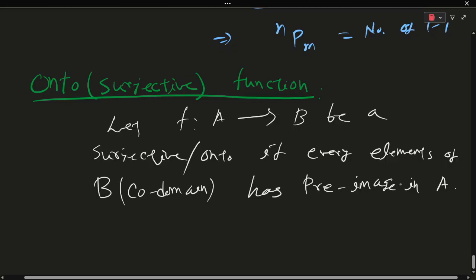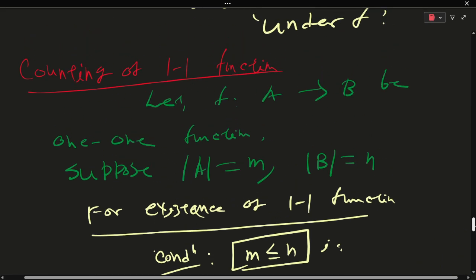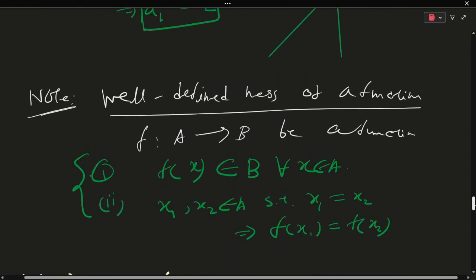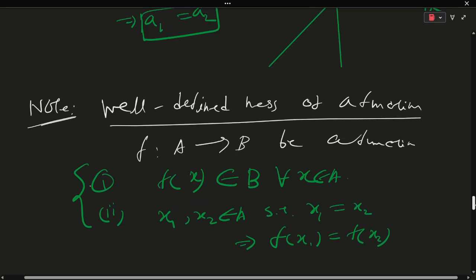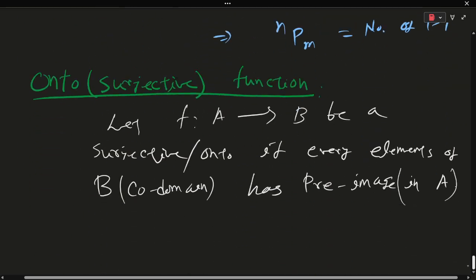Actually, if we take a function, that means the function obeys the rule of well-definedness, this well-definedness one and two. If we say f is a function, that means A must satisfy these conditions.